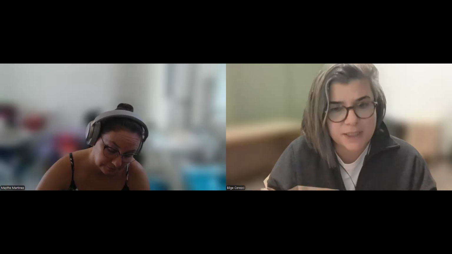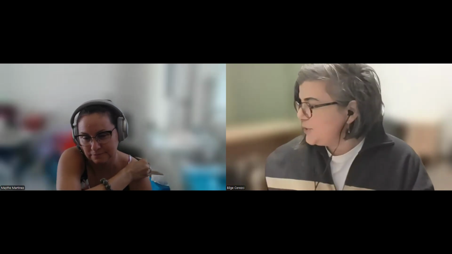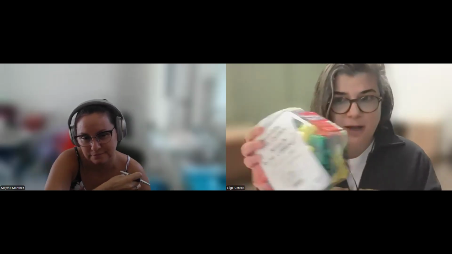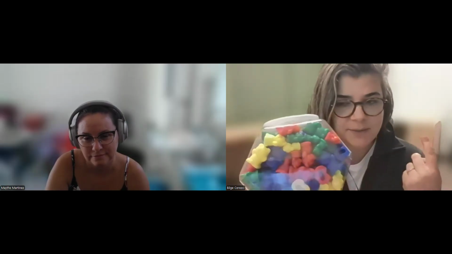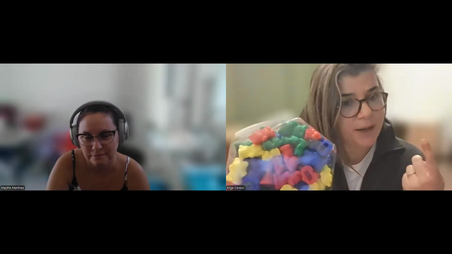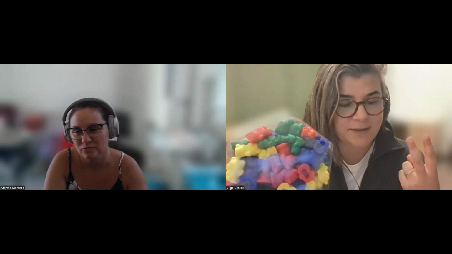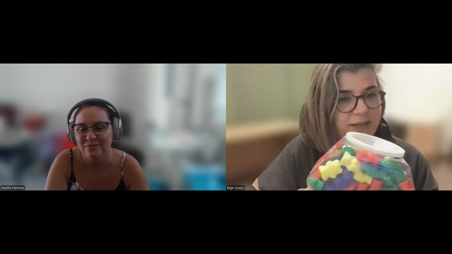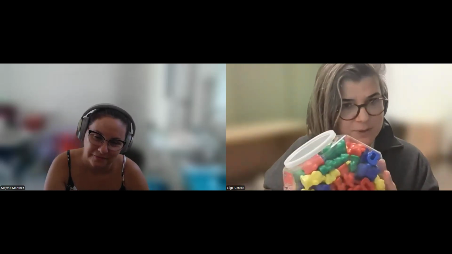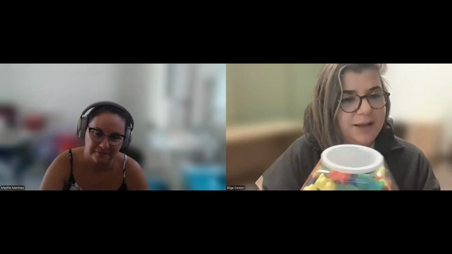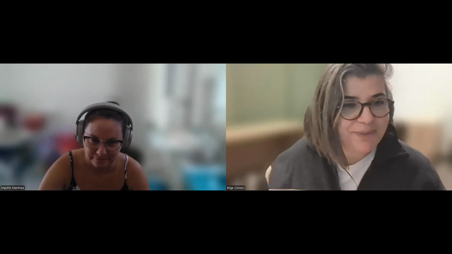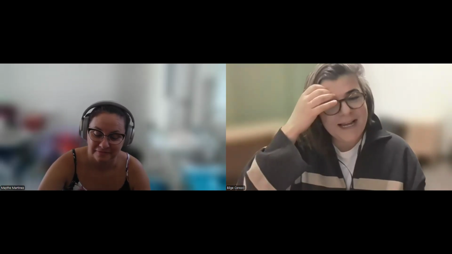So it creates richer discussion activities. If you just use these bears, which is really common in the classroom, you have two options. It can be sorted by color or size, and that's it. We're spending all this money to get these resources, but they can only be used two ways. But if you just go out and collect a bunch of rocks and bring them, then you have this kind of activity.